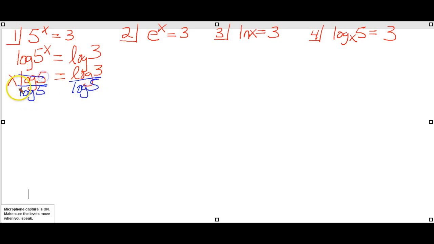And these then cancel out, and we get x equals, now we put this into our calculator, log of 3, you have to put it in parentheses, divided by log of 5, and the answer comes out to 0.68260.